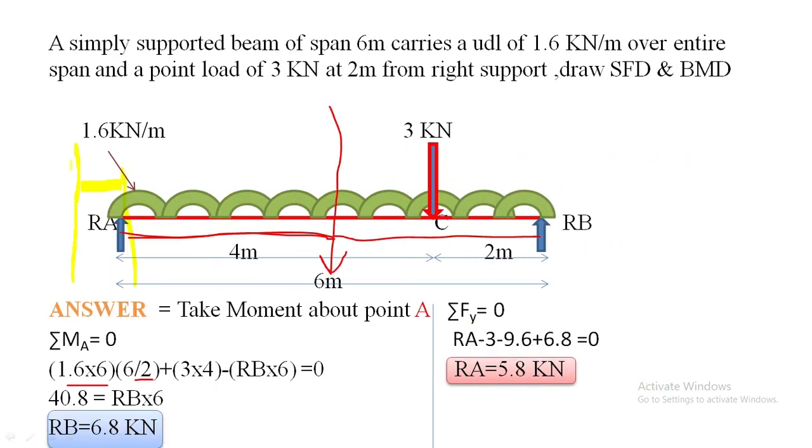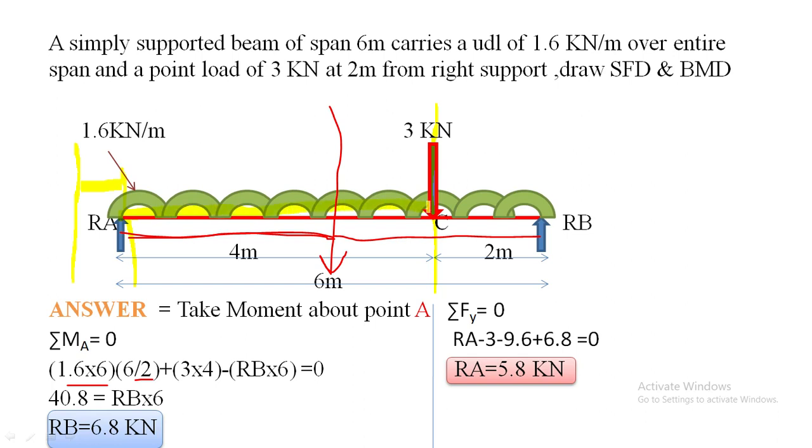Means this section line is now drawn to the left of C, means you should draw it directly on the C. Now look left of that line, there is RA and the A to C distance of the UDL. RA is going in upward direction, so it is 5.8, and for the UDL, here we are looking only at A to C UDL.